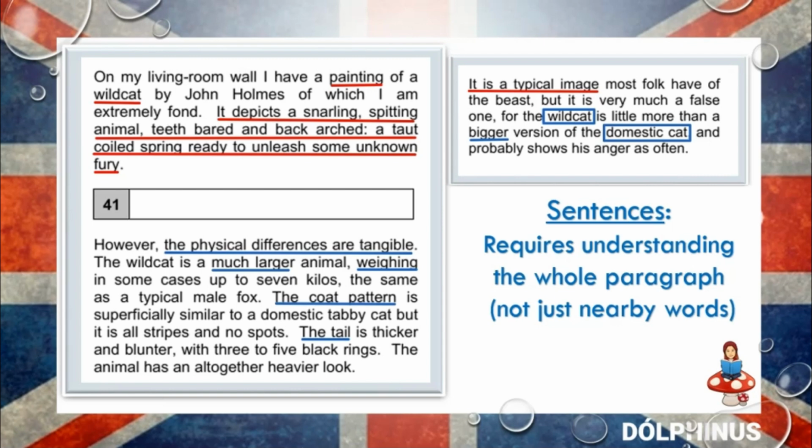For example, let's turn this paragraph into a B2 level. It is a typical image, but it is false because the wild cat is bigger than the domestic cat. So we just have to learn not to take into account this embedded information that is not necessary for this exercise.